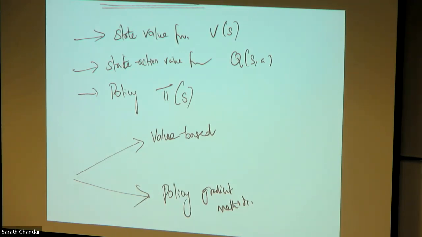So that means that the dynamics of your solutions, or the learning process, is going to be different. Sometimes you would prefer value-based methods, sometimes you would prefer policy-based methods. Typically, whatever we have seen so far, value-based methods are in some sense more sample efficient when compared to policy-based methods.